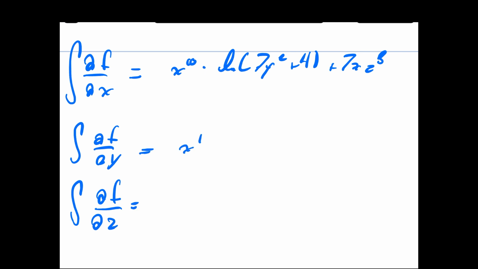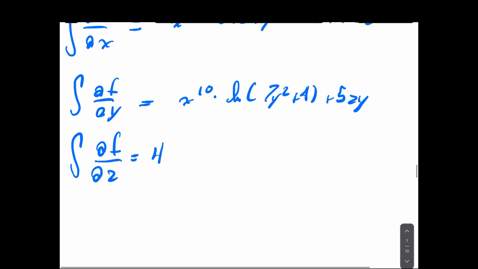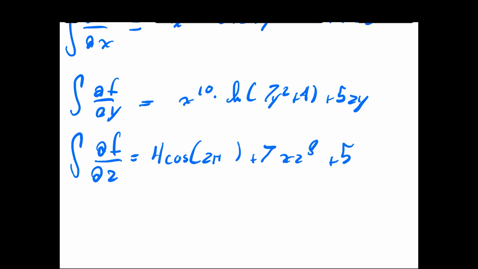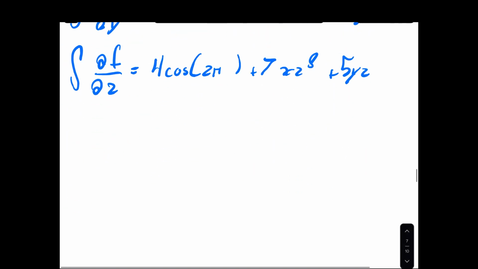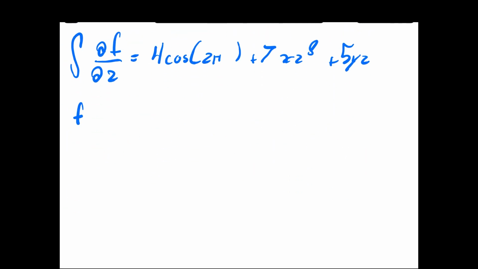And then you get x to the 10 times ln 7y squared plus 4 plus 5zy. And then this one you get 4 cos z pi plus 7x z to the 8 plus 5yz. So these are all your functions. And what you're doing is basically just adding all of these up.